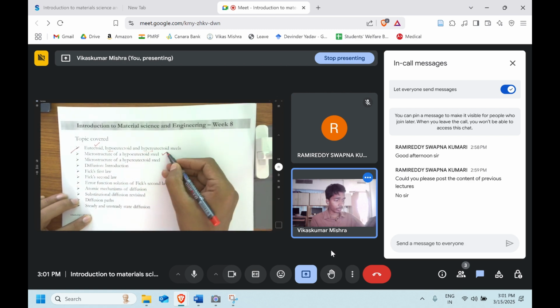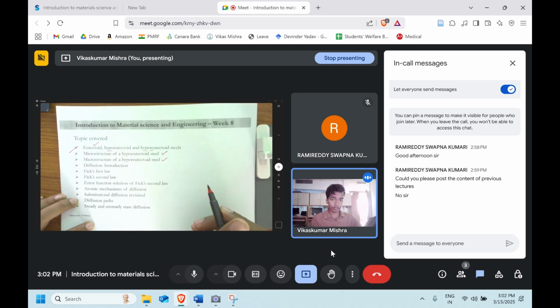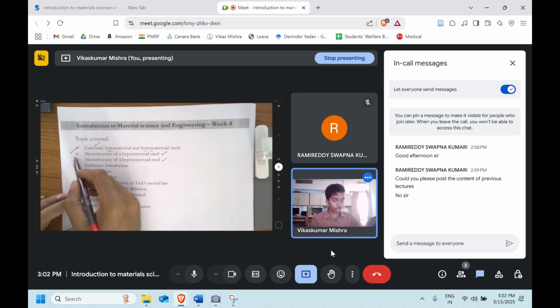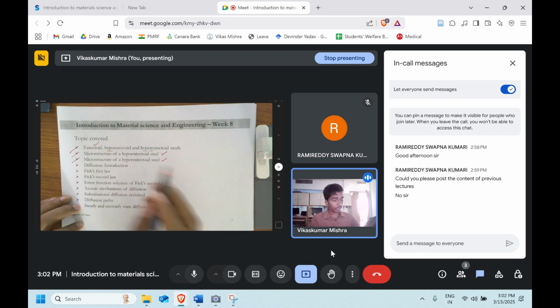Then the hypoeutectoid, where there is a mixture of ferrite and pearlite. Hypereutectoid is cementite and pearlite. We also saw at what different temperatures the microstructure evolution takes place, whether the microstructure forms first at the grain boundary or inside the grain.